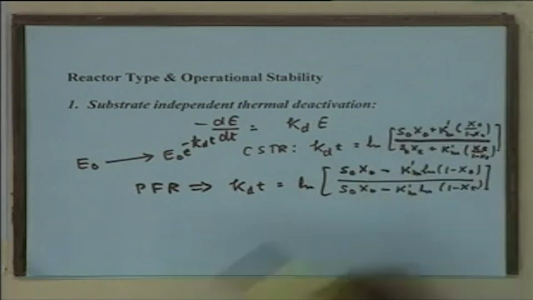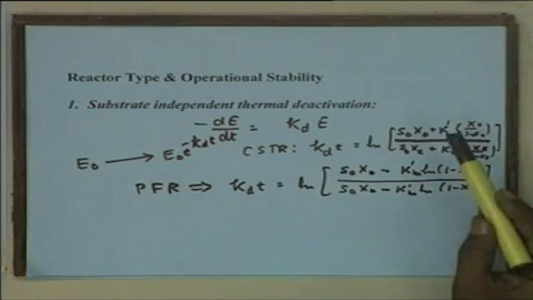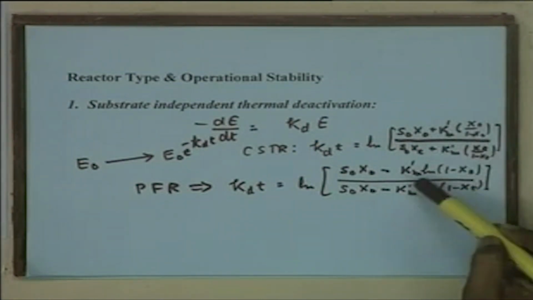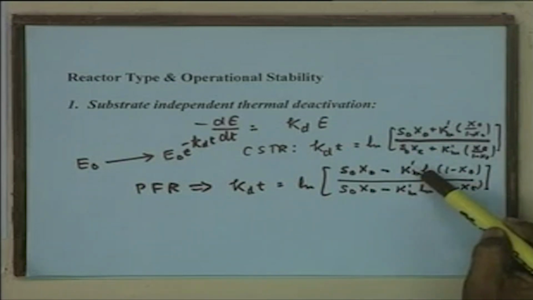Now, in the two cases you can consider the effect of operational stability on the reactor performance. If the kinetic regime of the reaction is zero order, as we noticed earlier, the k'm term in both expressions will be deleted.